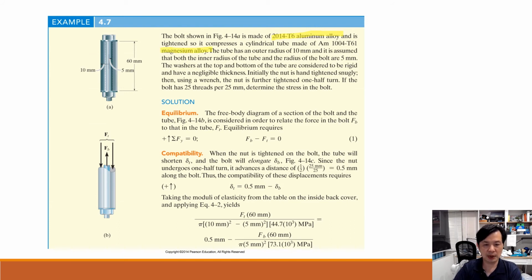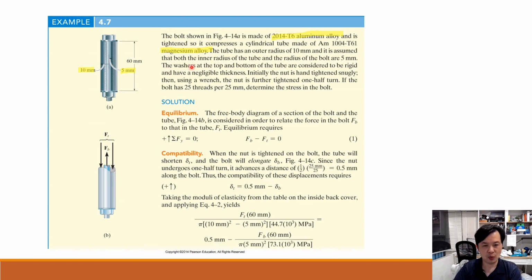And the tube has an external radius of 10 millimeter. It's assumed that both the internal radius of the tube and the radius of the bolt are equal to 5. So you can imagine that this tube has external radius 10, internal radius 5, and the bolt in the middle would have radius 5.